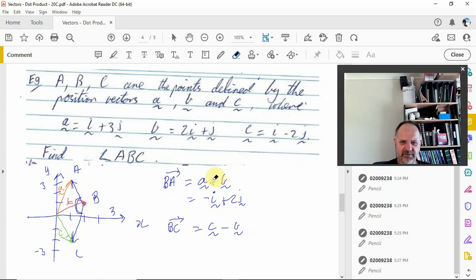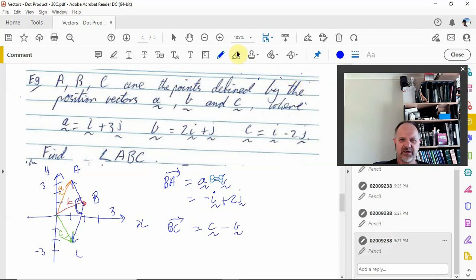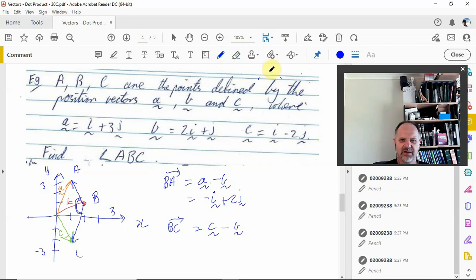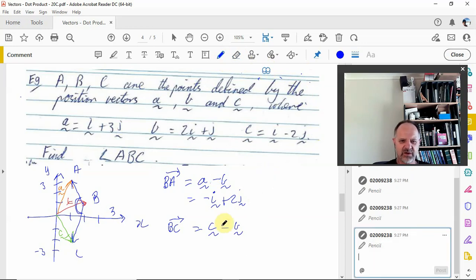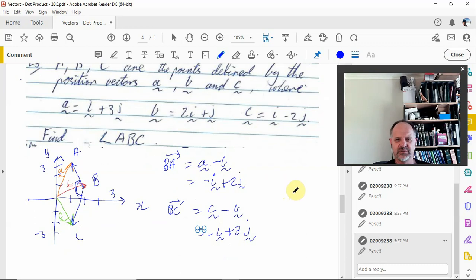Let me just get rid of that one there and put the minus sign in. So C minus B, 1 minus 2, so that's negative i. 1 minus minus 2, so that's plus... Actually, I've just made a mistake there, haven't I?